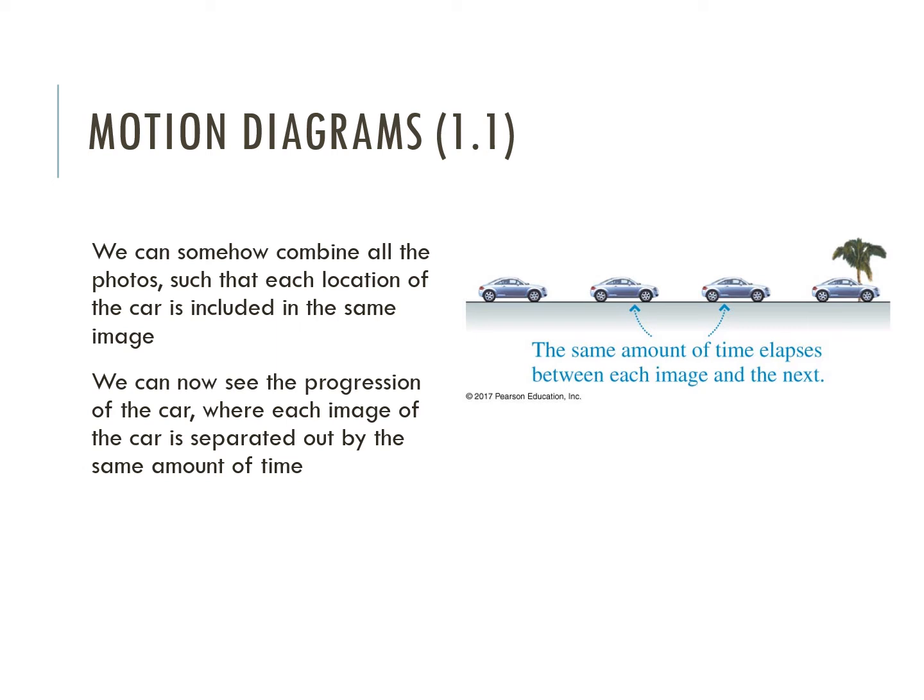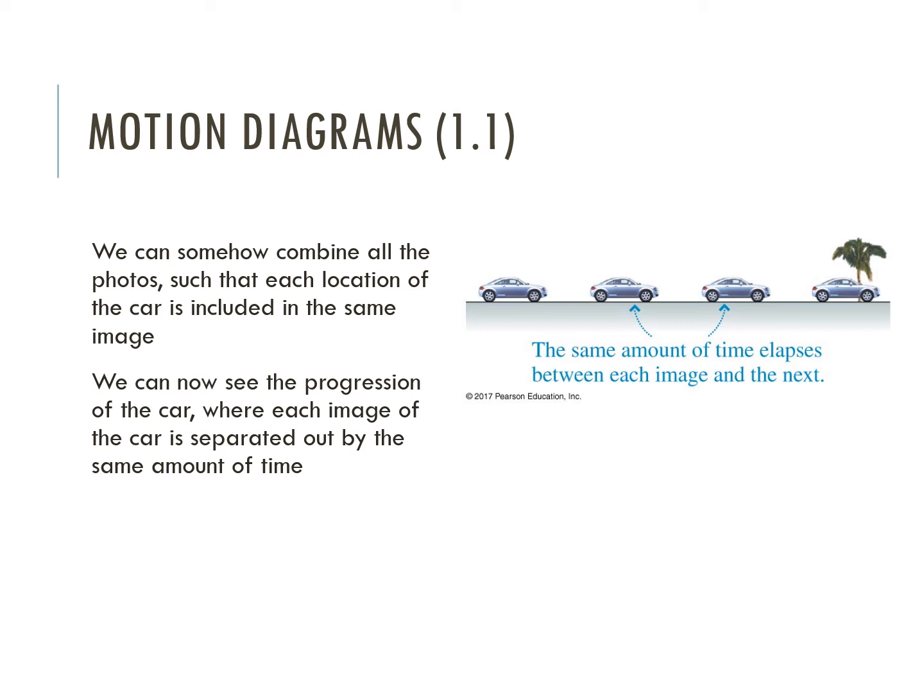So we now see the progression of the car. We see the trajectory of the car in this image. And every single picture, again, is separated by the same amount of time. The reason I keep repeating this is it's really important for motion diagrams that we have our images separated by the same amount of time, because we're going to be doing some math with these a little bit later, and we need to accurately know the relationship between our different positions.